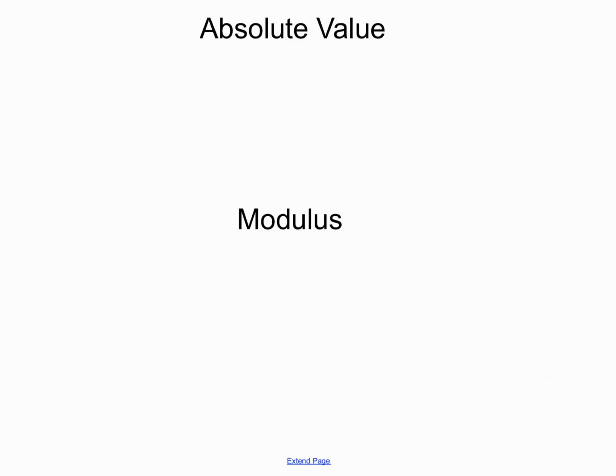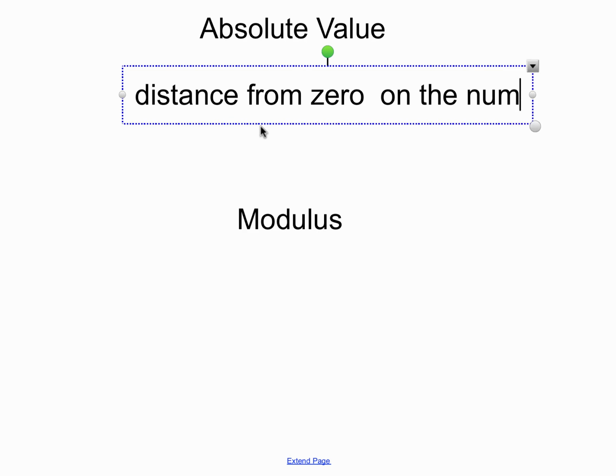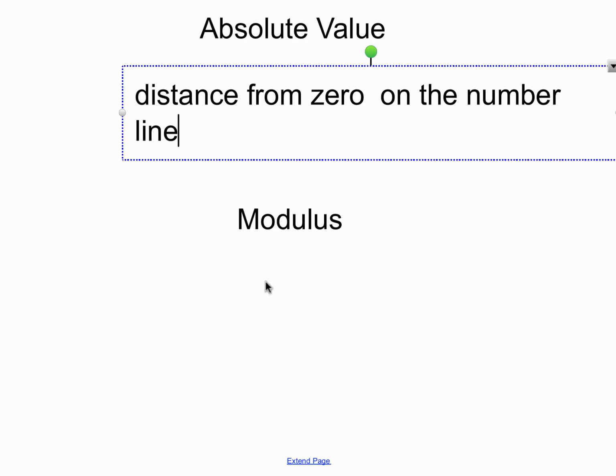All right, so absolute value. What is absolute value? Absolute value is the distance from 0, and generally we think of that as on the space on the number line, right? So what about modulus?